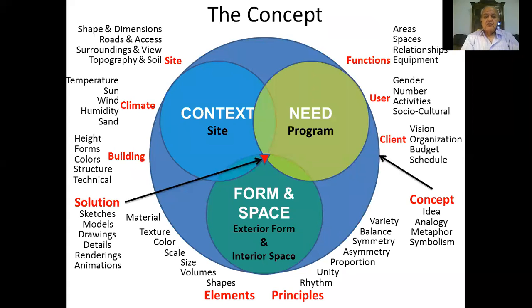Again, concept, as we talked yesterday, is the intersection between the context, need, and form. These are the three elements that we work with all the time. As architects, we identify the need, functions, users, clients, and so forth, as we talked yesterday. And then we understand the context, the site, the climate, the buildings around it, and the different requirements.